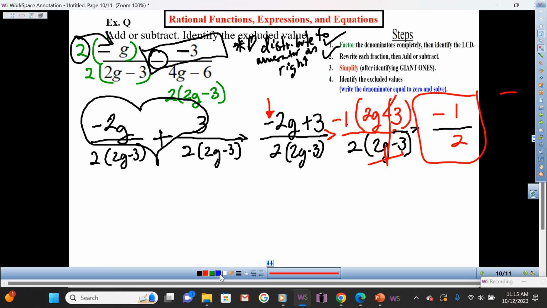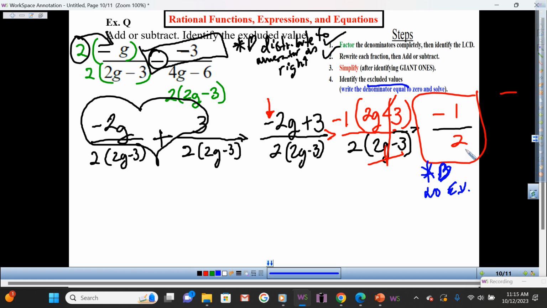Now, at the end, they want us to find the excluded value. So make a note here again: no EV. And tell your neighbor, look at the denominator. Why won't we have an excluded value?